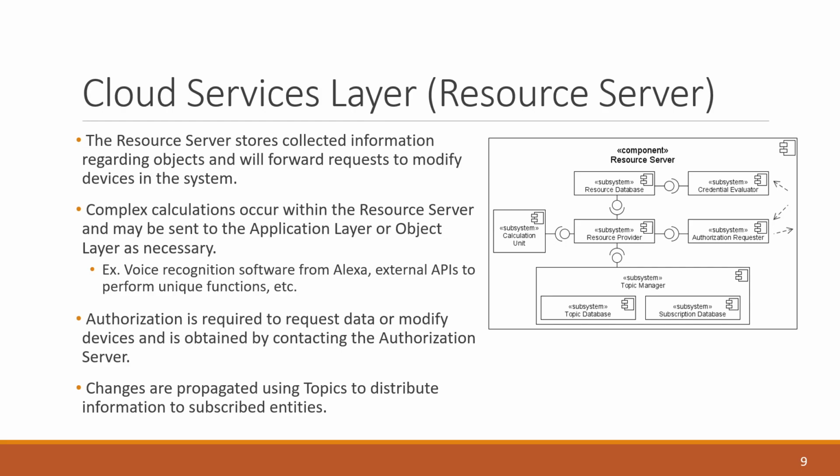So if you see something like Alexa, Alexa can't process voice commands by itself. It needs some third-party application to do that. So we would have to rely on a resource server sort of thing to process that information and send a response back. And other types of APIs might fulfill similar roles for other types of devices. It depends on the situation.